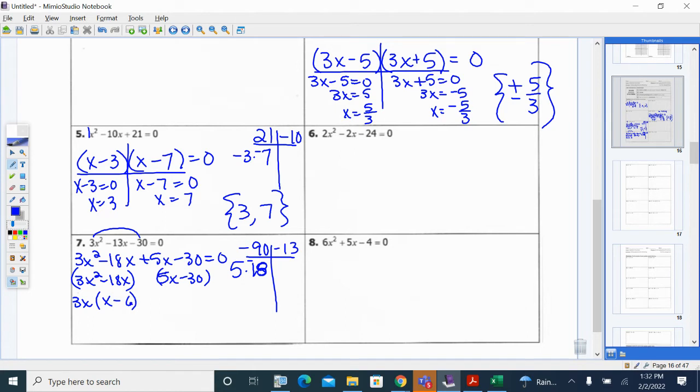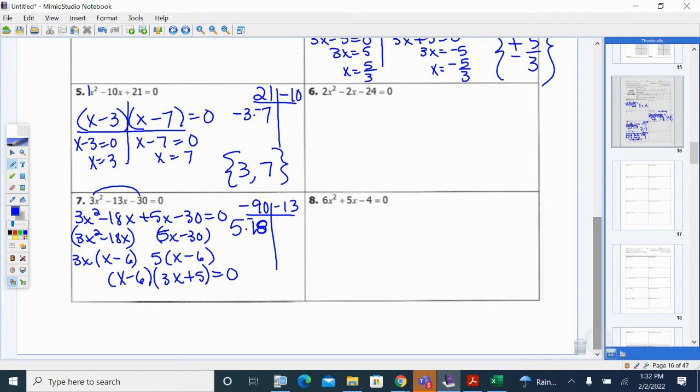The GCF on the second set is a positive 5, leaving me with x minus 6. So this is going to factor into x minus 6 times 3x plus 5. And then don't forget your equals 0. In that middle section, I'm just trying to factor. So I usually leave off the equal 0, but don't forget it because, again, you are solving this quadratic.